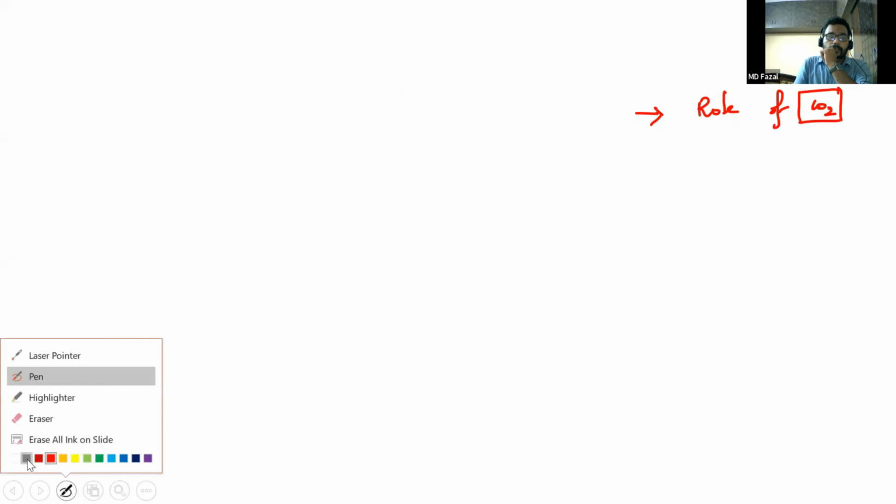What is the role of carbon dioxide? Okay, let me tell you what is the role of carbon dioxide. What does carbon dioxide do in the environment? See, remember, carbon dioxide is present in the air.